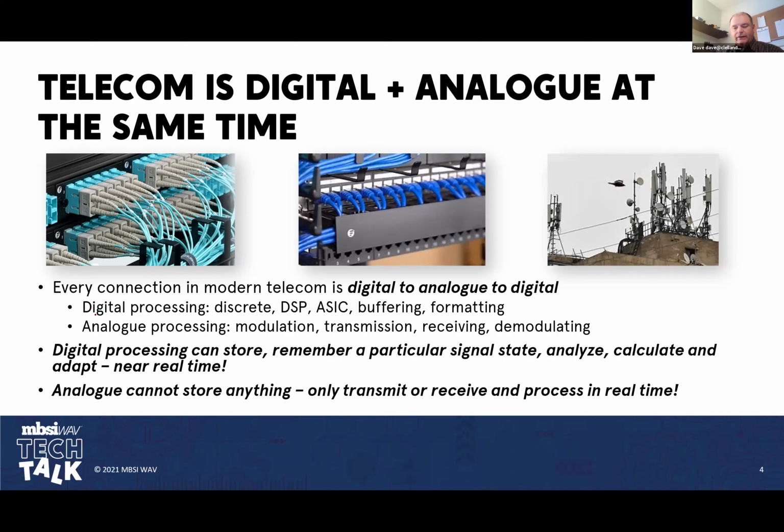format the Ethernet frame, we can take and analyze the data in the frame. We can look and see what our QoS level needs to be, that sort of thing. We can take and manipulate that frame from a digital perspective in 1,000 different ways.